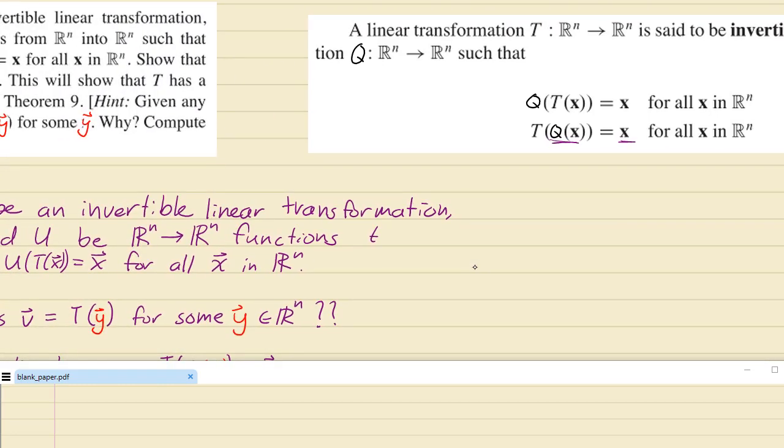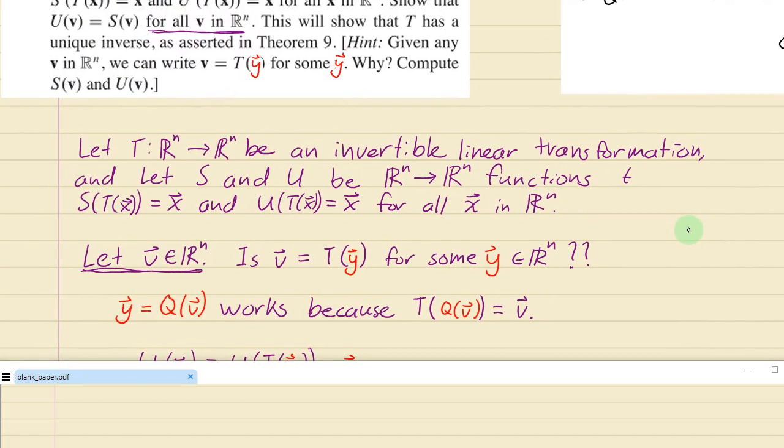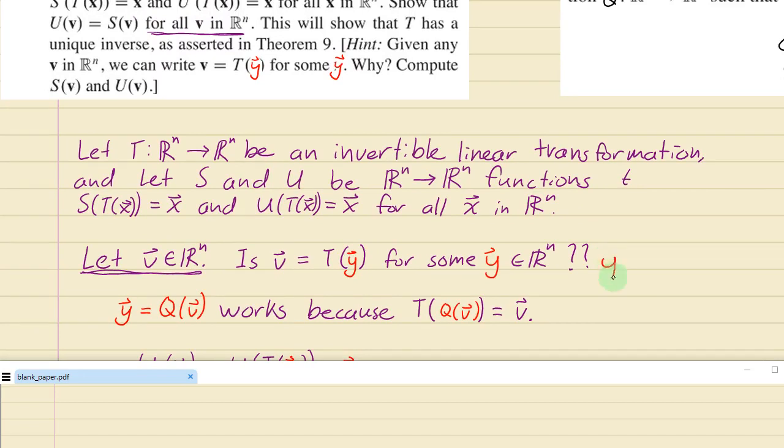Well, the answer to this question is yes, because if you say y is Q of v, and you know this function Q exists because you're assuming that T is invertible, so this definition works. So y equals Q of v works because the definition says that function Q exists and it cancels out with the function T in this way, so T of Q of v must be equal to v.